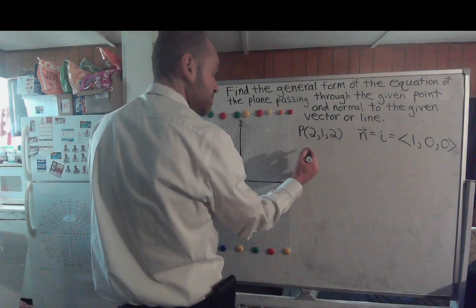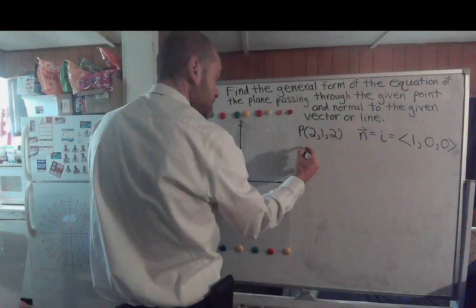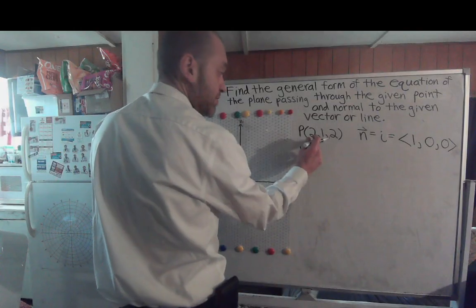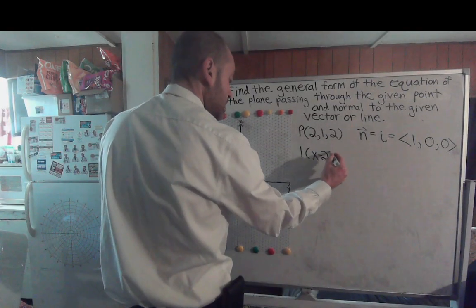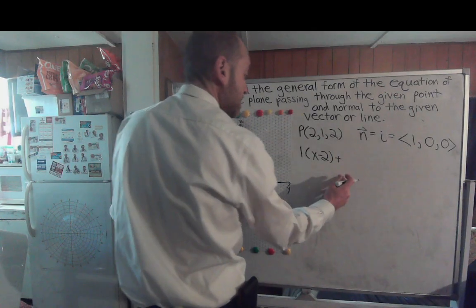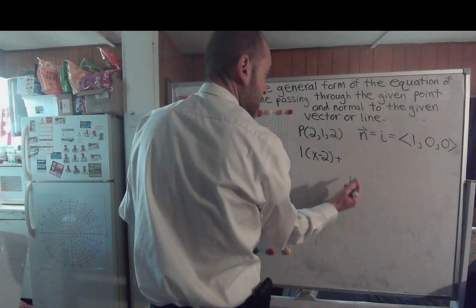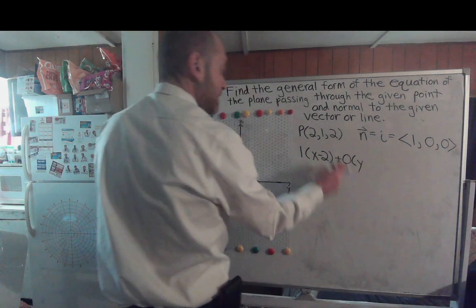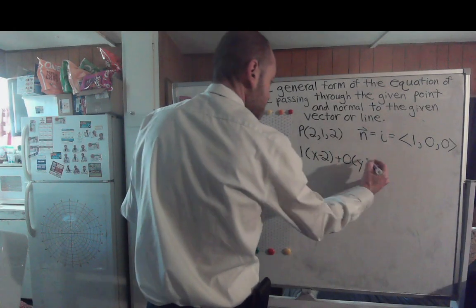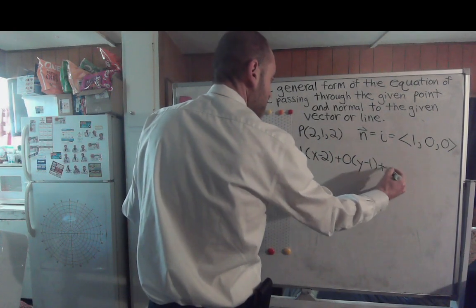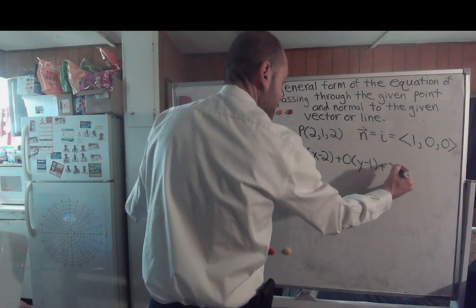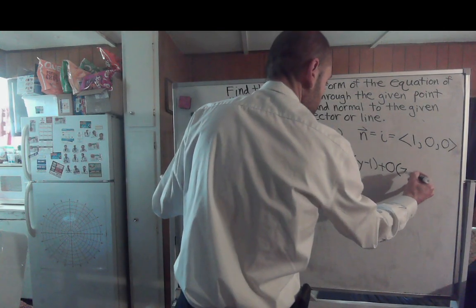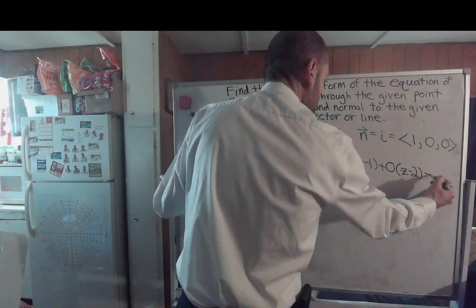So your A is 1, so you would take 1 times x minus your x sub 1 coordinate from point P, which would be 2, plus you'll take your second component, which would be that 0, times your y minus your y coordinate of your point, which would be 1, plus your third component of the vector, which would be 0 times z minus 2, you would set that equal to 0.